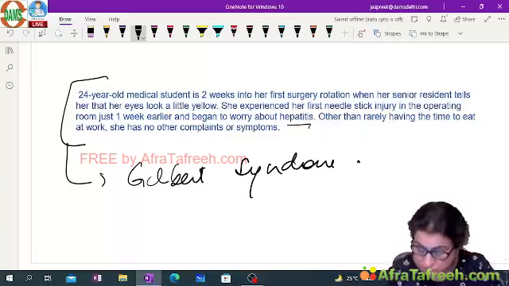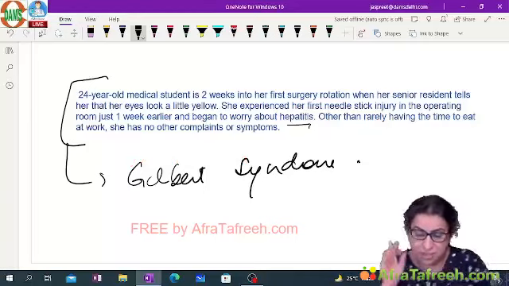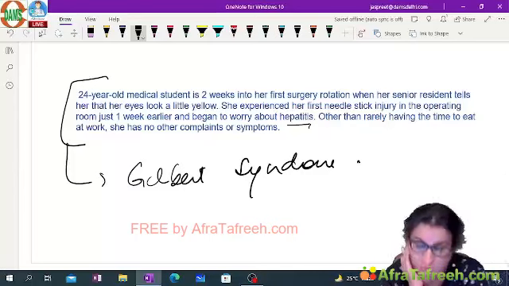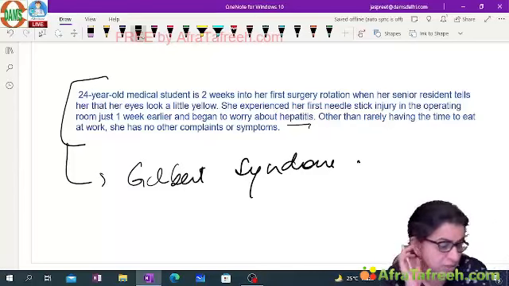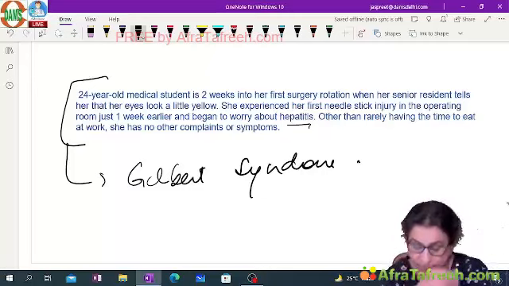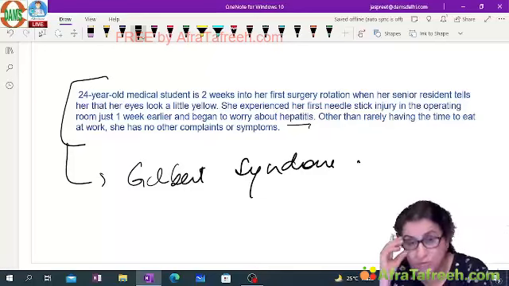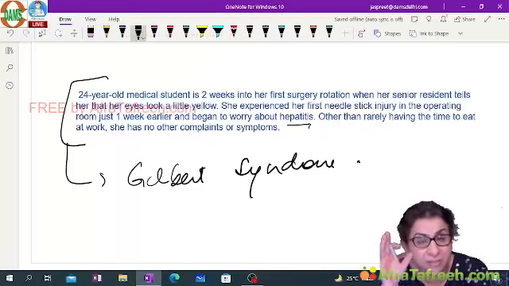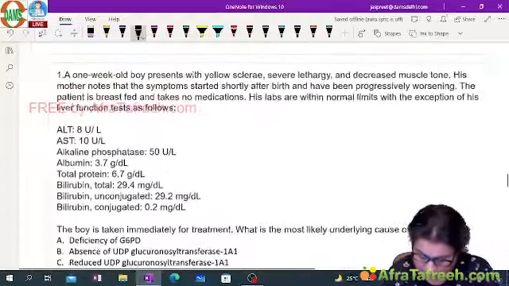The needle stick injury has been given to you to create confusion. She just has mild jaundice and no other complaints or symptoms. If it is hepatitis, there may be other complaints and symptoms also. Okay, look at this question.